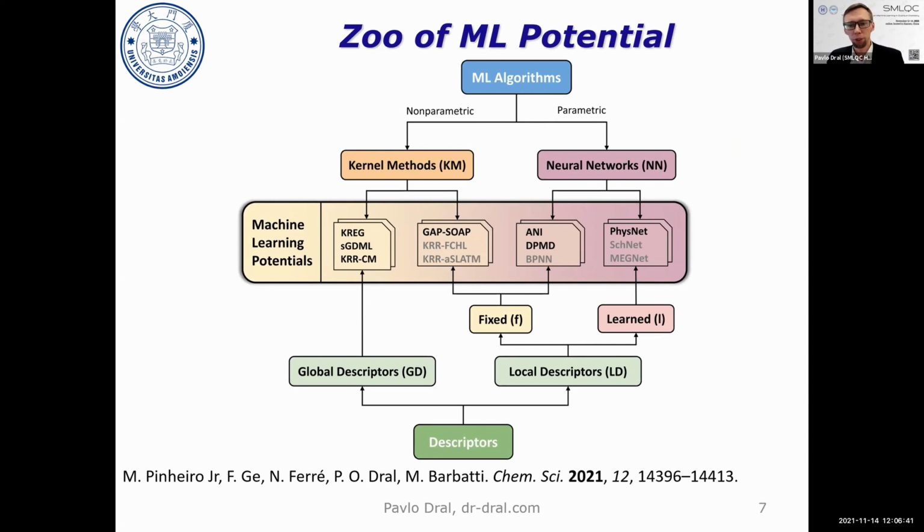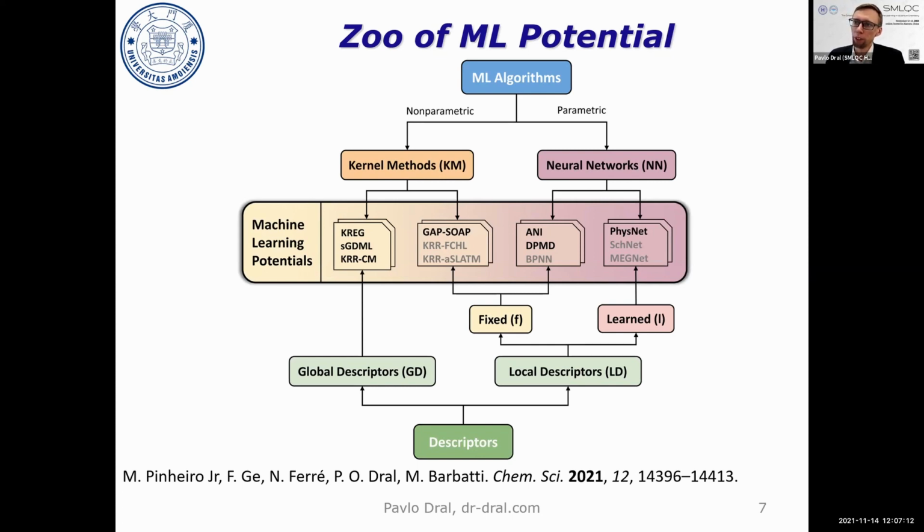We have thousands of potentials, I guess, and we can develop basically an infinite number of potentials by changing different parameters, like choosing different descriptors, tuning even the same descriptor with different modifications, and you can also choose a different algorithm, and within the same algorithm you have also hyperparameters. So basically there is an infinite number of combinations, and you can publish every month a new machine learning potential.